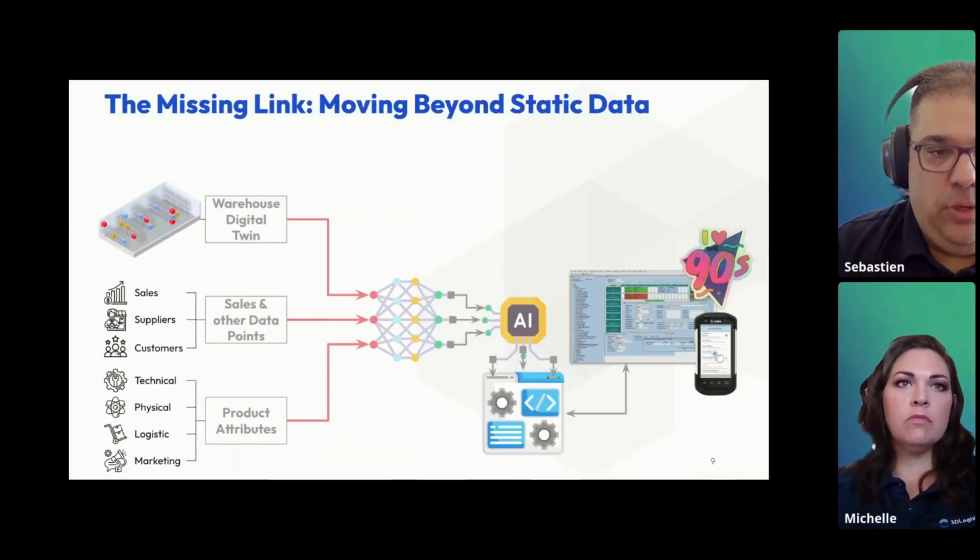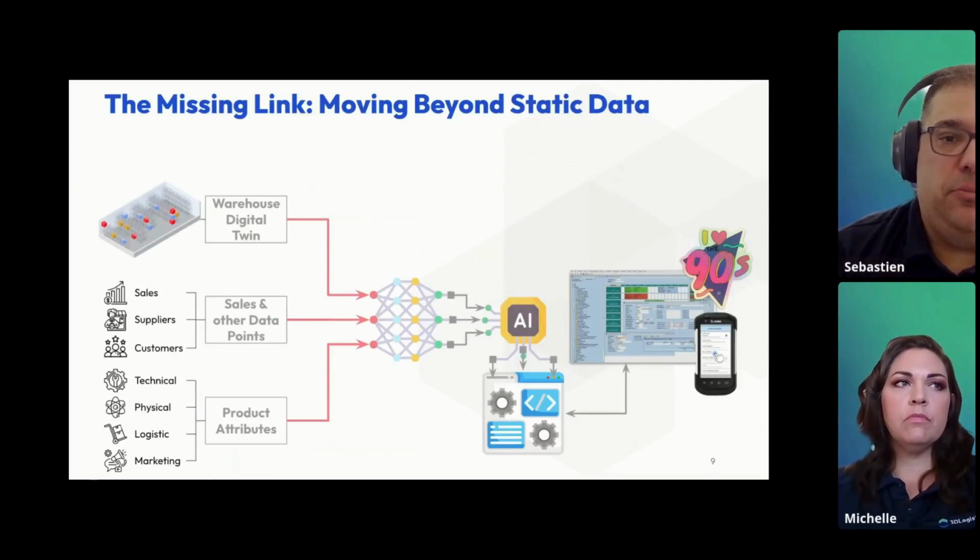So with the digital twin, we have access to your exact floor plan, so dimensions, where any of the obstacles are, the rack and shelving configuration, which also means how high from the floor each of the shelves are, what's the volume that can be accommodated on a specific shelf, what's the weight that can be accommodated on a specific shelf.